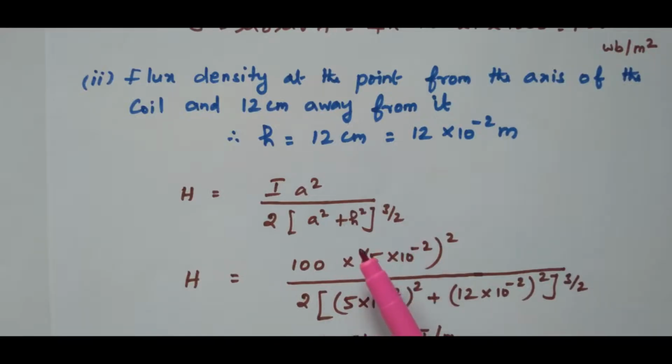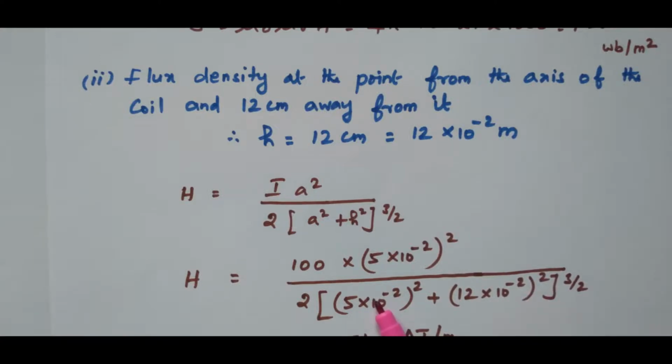So this expression also we got previously. This is in terms of height, right? So I is 100, a is 5 into 10 to the power minus 2 square divided by 2 into 5 into 10 to the power minus 2 square plus height, which is 12 centimeter, 12 into 10 to the power minus 2 square whole power 3 by 2.